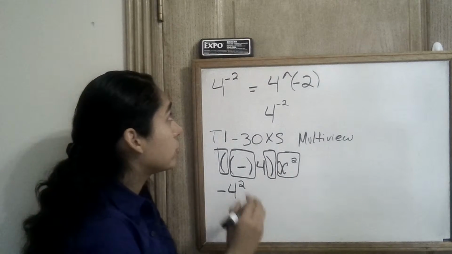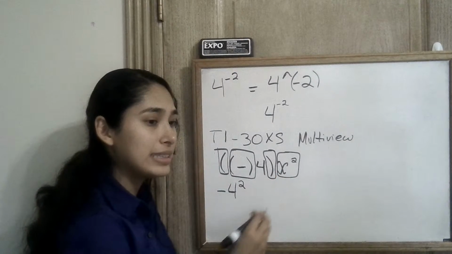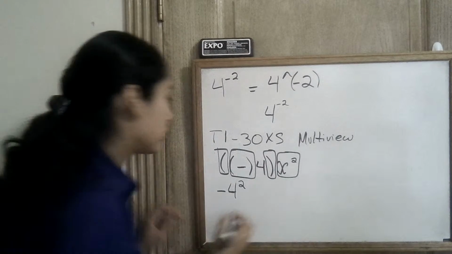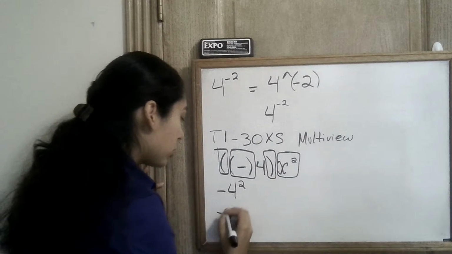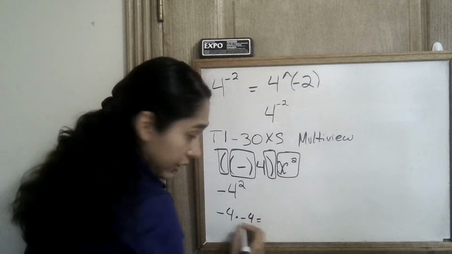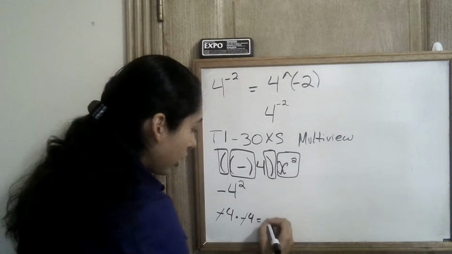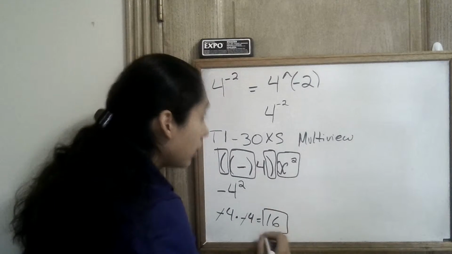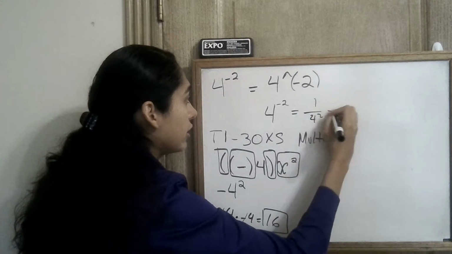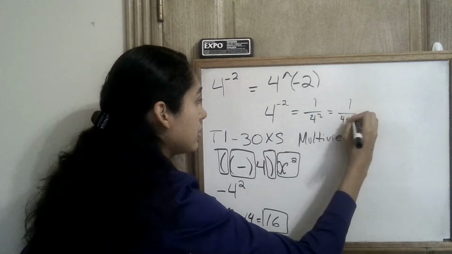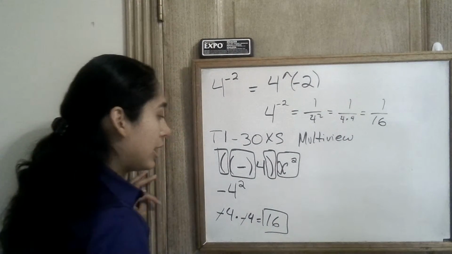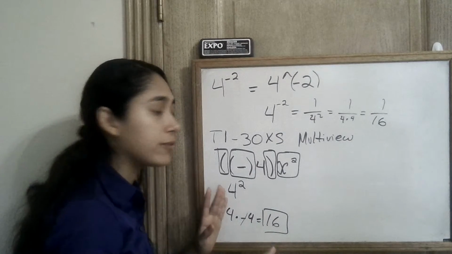If I accidentally do this, my value is going to be very different. Negative 4 times negative 4, the negatives cancel out each other, and I'm going to end up with a positive 16. That is not the same thing as this. 1/16 and 16 are wildly different answers.